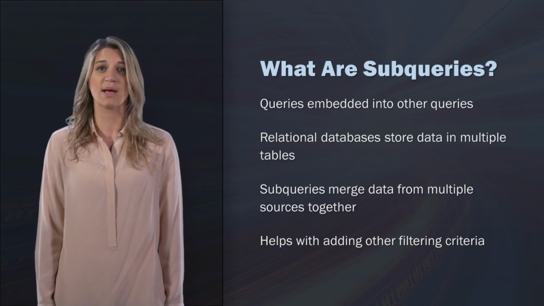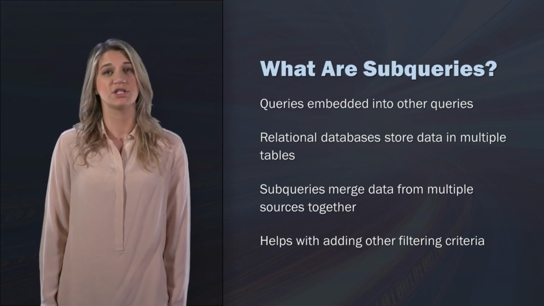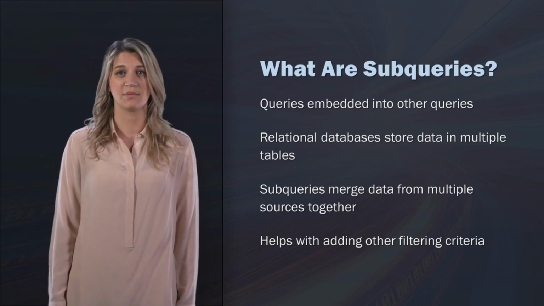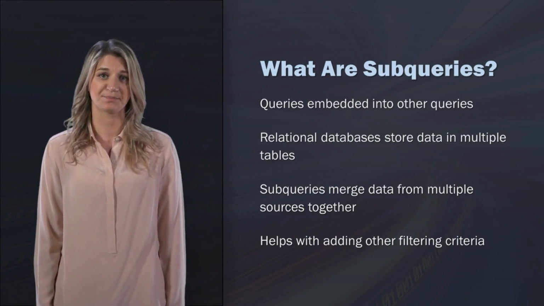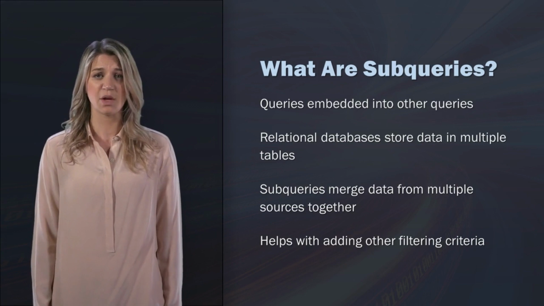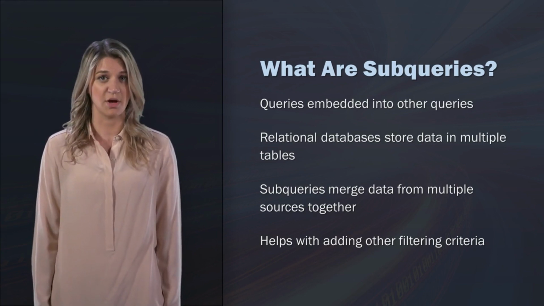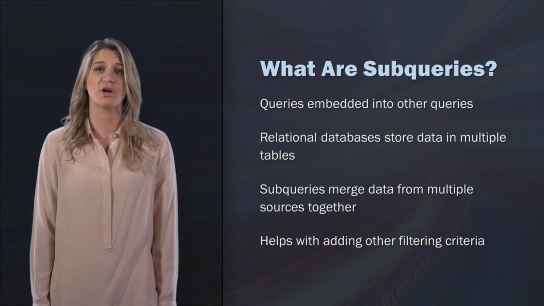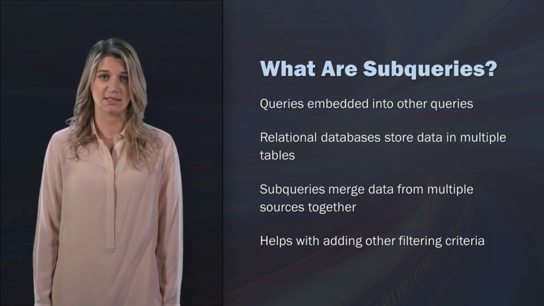In essence, subqueries are queries embedded into other queries. It's literally just a query inside another query. So far, we've only worked with a single select statement and a single table. But when you're working with a relational database, since data is stored in multiple tables, you may need to merge these together or get information from multiple sources.